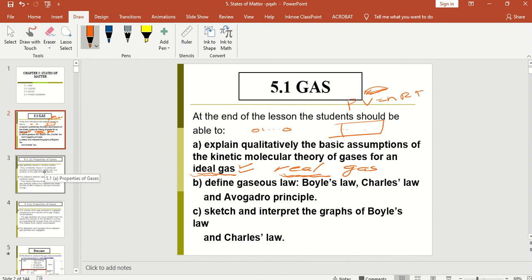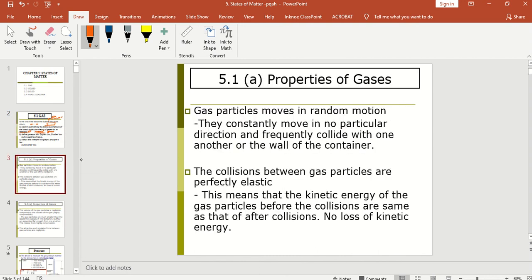But for the sake of experiment 4, these are a few characteristics of gas that we should know. Gas particles move in random motion. Gerakan zarah Brown, gerakan rawak kan.